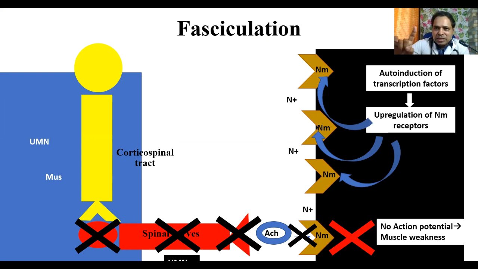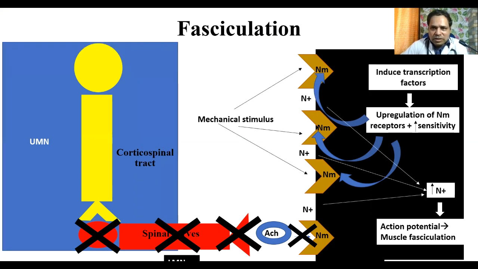So fasciculation is present in the lower motor neuron lesion, but not in the upper motor lesion. So we got the difference. You can see here more and more upregulation of the receptors, increased sensitivity, and because of the mechanical stimulus, the sodium will start getting influx, and you get muscle fasciculation.